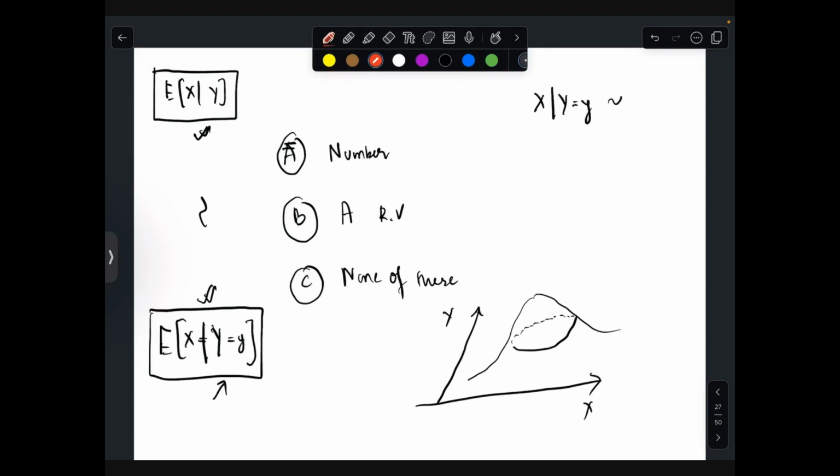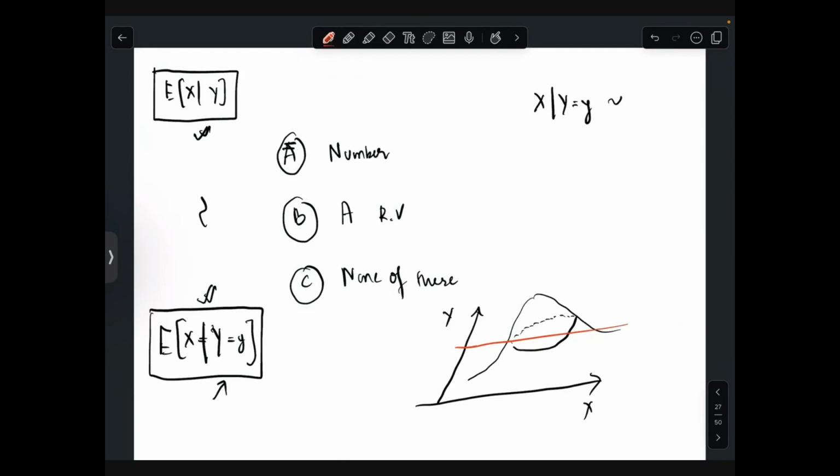You fix a y value here, and you draw a plane here. Now this plane will cut the whole distribution in the middle, in that sense. Cut it at this point, like a plane.